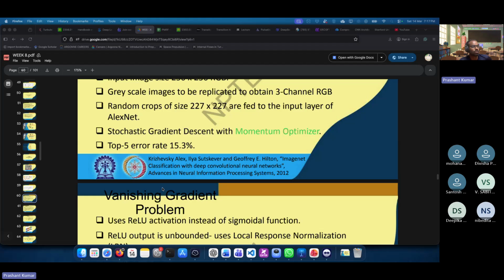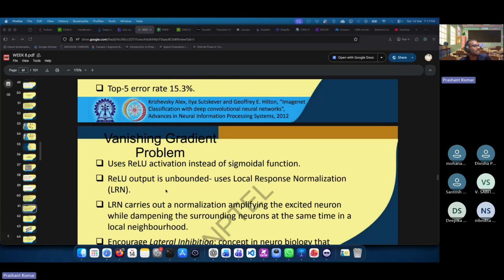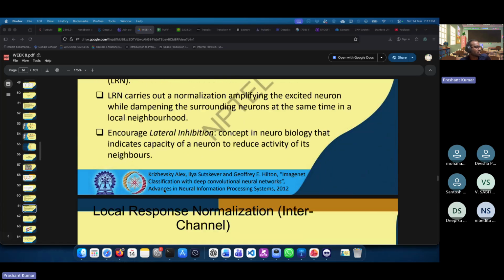And if the slope is very large, then you will get an exploding gradient. So the idea was to keep the values smaller so that we could always calculate with smaller slopes, and not so small that it goes into the vanishing gradient. That's why we did some local normalization.